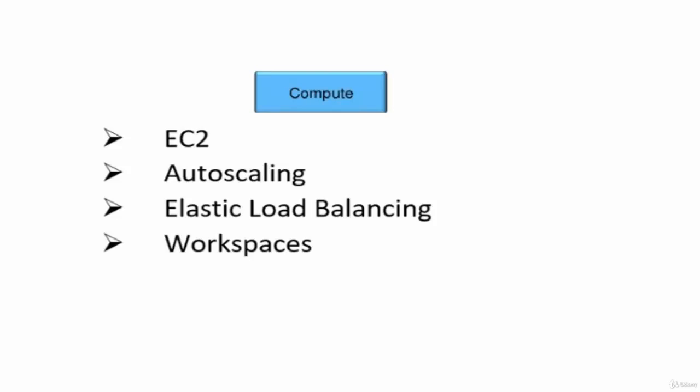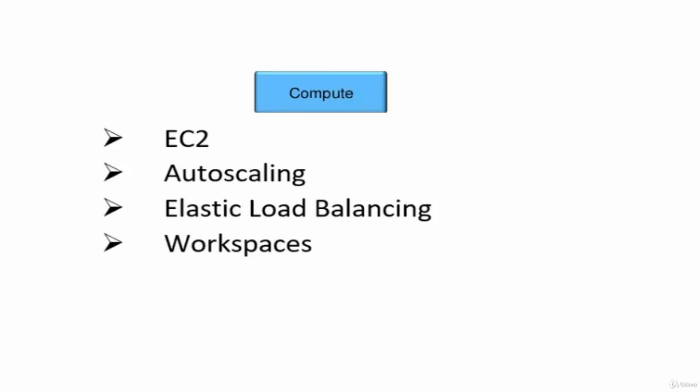In AWS, we can launch a server within a few minutes. That means there are already server images known as AMIs present in AWS, and we can launch them in a fraction of a minute. So that is where Amazon EC2 differs from server deployment in an on-premise environment.